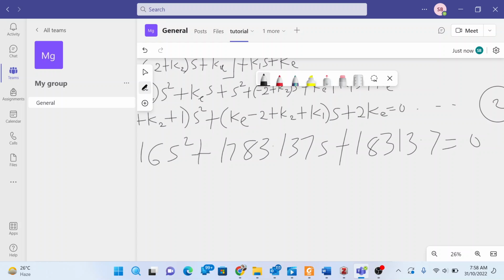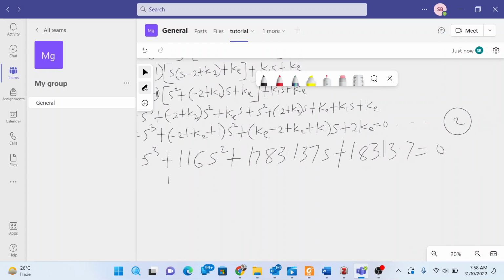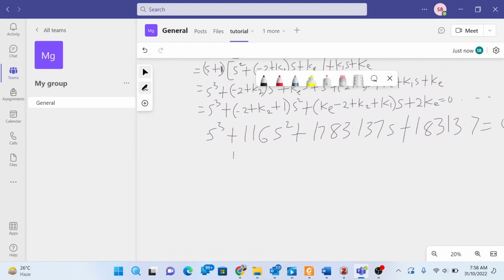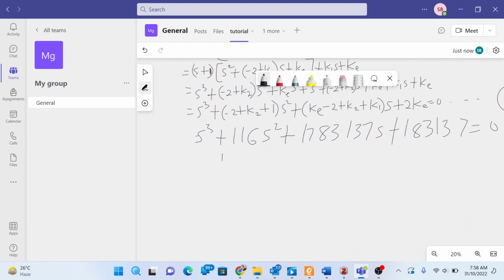So this is the equation 1 that we got earlier. So we now compare them together, matching 1 and 2 together.